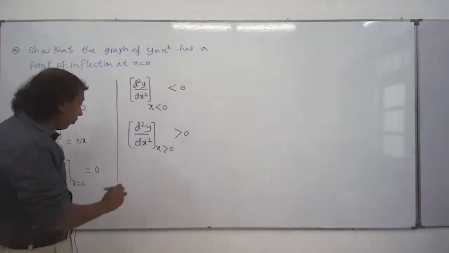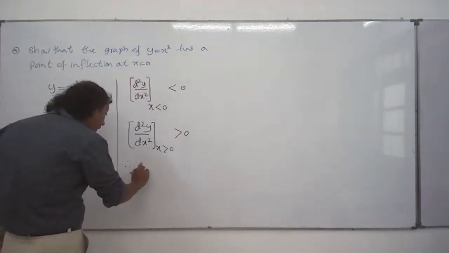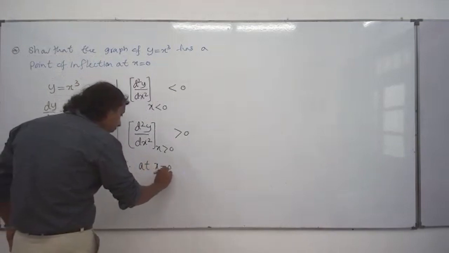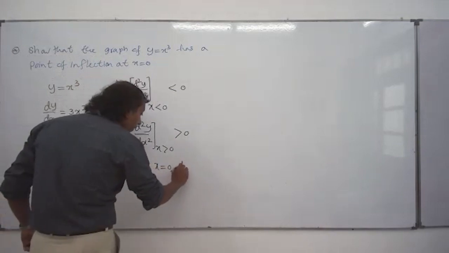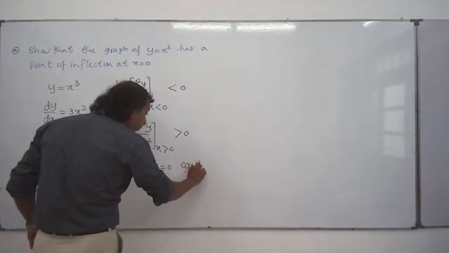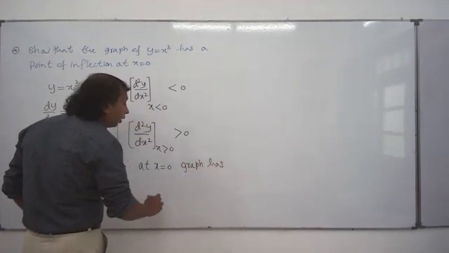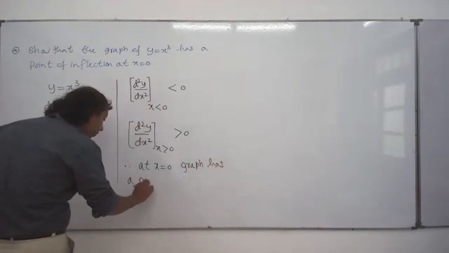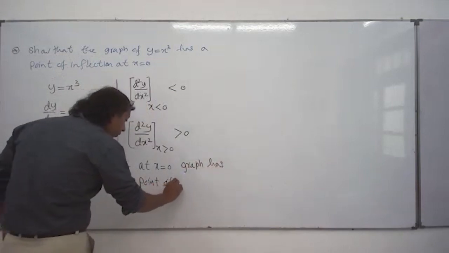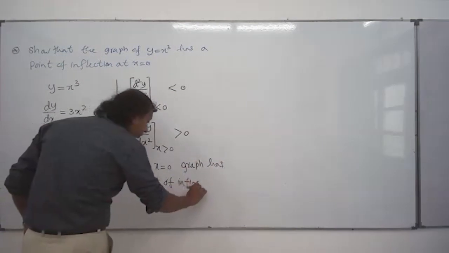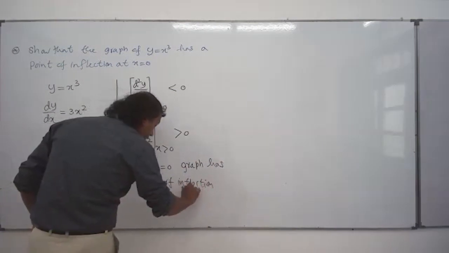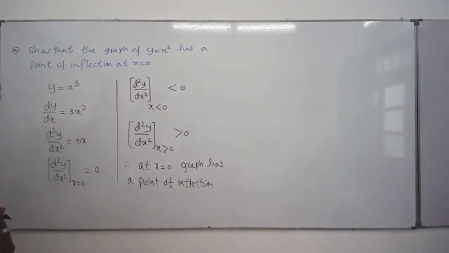Understand? Therefore, at x equals 0, the graph has a point of inflection. Understood?